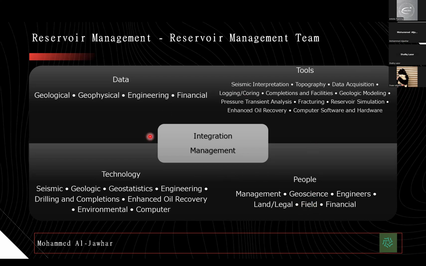So you have this integration management, the most important thing in terms of reservoir management. You have to think about it starting from the first point to the others, and all this integration in terms of management is connected together to have a good decision.